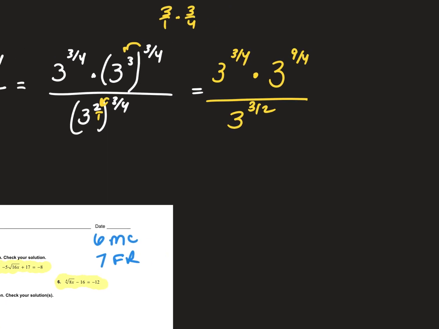All right, now I say, oh, okay, this looks pretty good. What can I do to the top here? If I have the same bases, what do I do to my exponents? I add them. Okay, so what's 3/4 plus 9/4? What is it? Okay, so I have 12 over 4, which is 3. Okay.